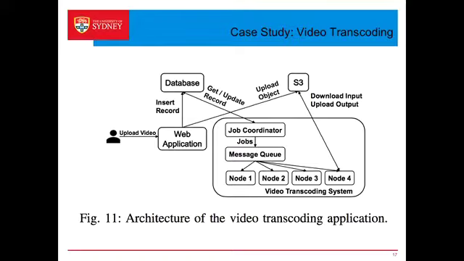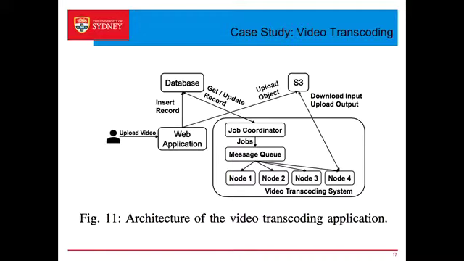Video transcoding is another common use case for websites. And here we are talking about a video sharing service. When the end user uploads a video to the service, the video is stored in an S3 bucket, and then a record is written to the database, and a transcoding job is published into a message queue.